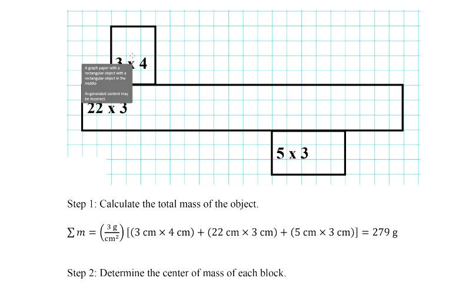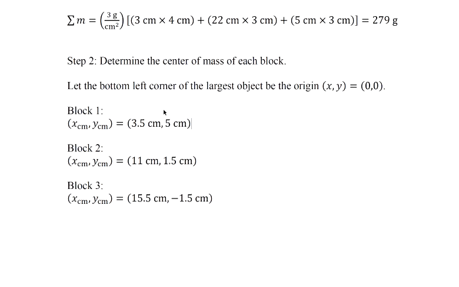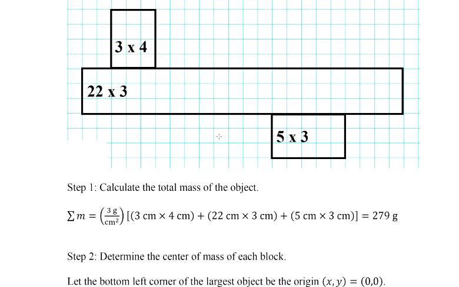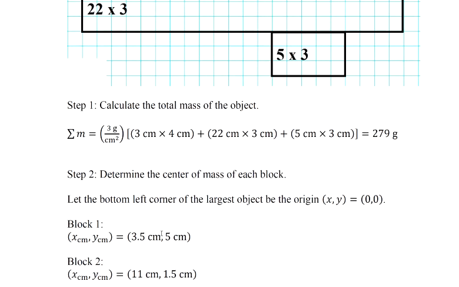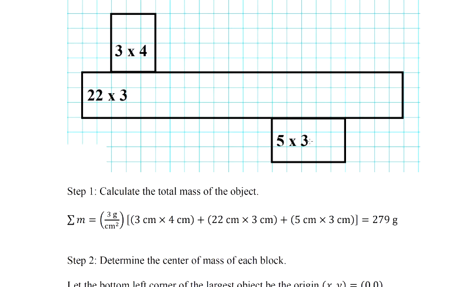So it's here. For the big rectangle, the center of mass is 11, 1.5. So it's in the middle here, like this. And finally, for block 3, the center of mass is going to be 15.5 comma minus 1.5. So it's going to be down here.